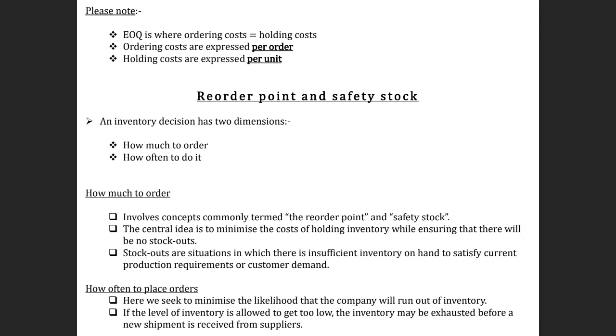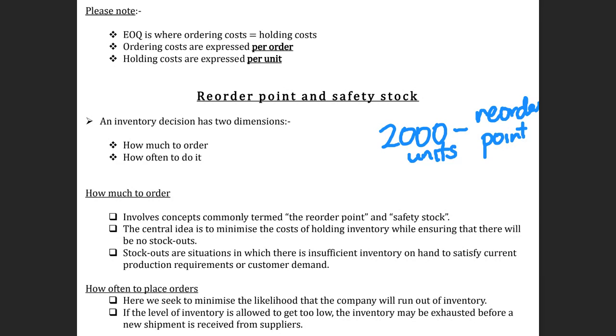So let's suppose that we calculate the reorder point to be maybe 2,000 units. So if this is your reorder point, I'm just going to write on the side here that this is the reorder point, 2,000 units.